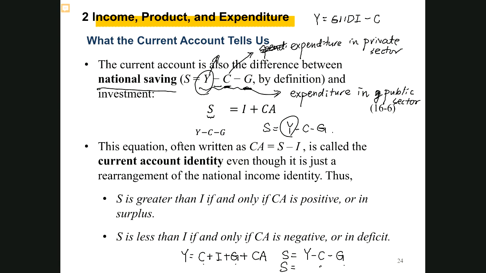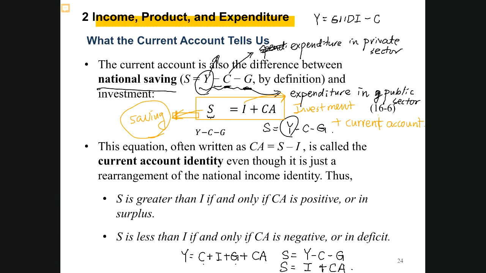I will have investment plus current account, right? This will give me this equation, right? So saving is actually equal to the investment plus current account.